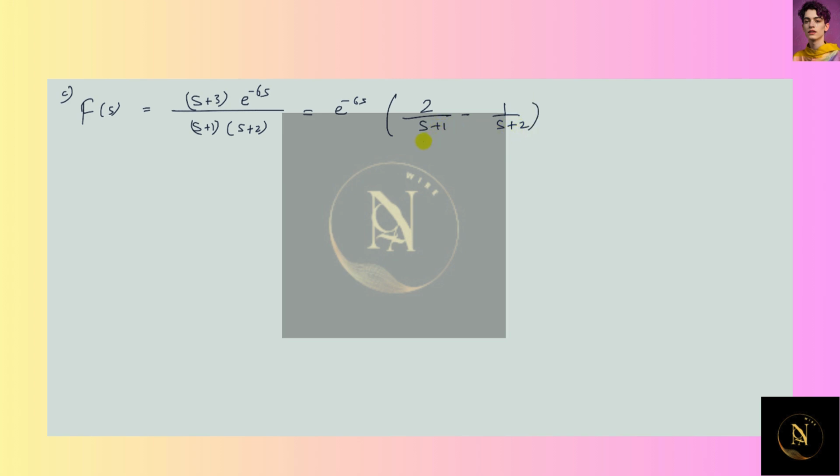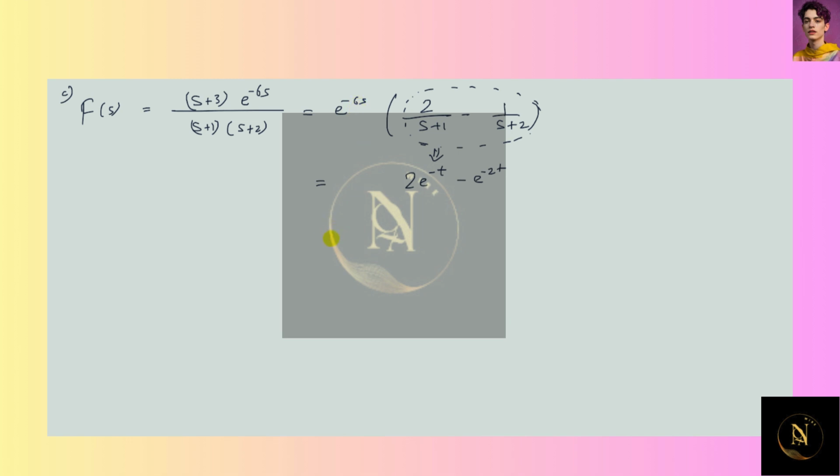Now we know the Laplace inverse of this is equal to 2e^(-t) minus e^(-2t). We have the Laplace inverse of this term, so we simply multiply by e^(-6s).